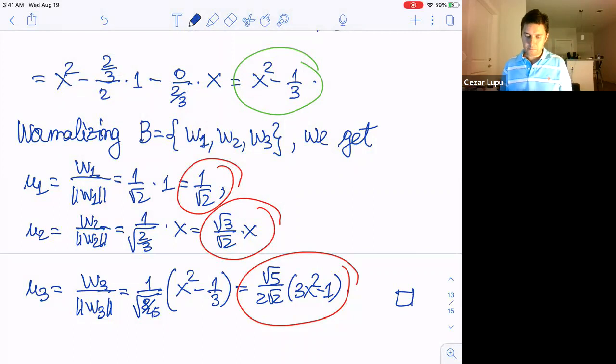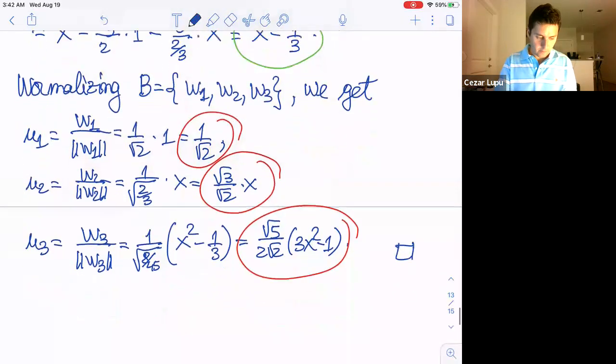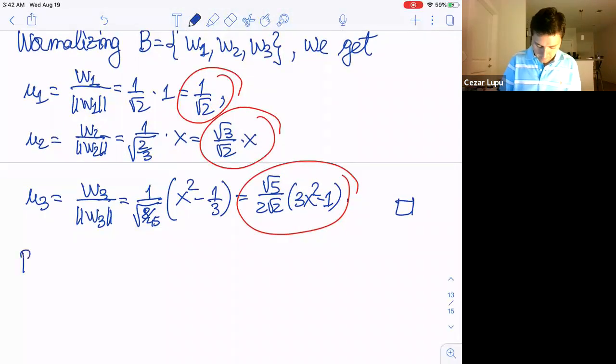Let me see. Yeah. Okay, maybe I should mention one thing, a remark. I think I'm going to stop because I want to simplify it a little bit.